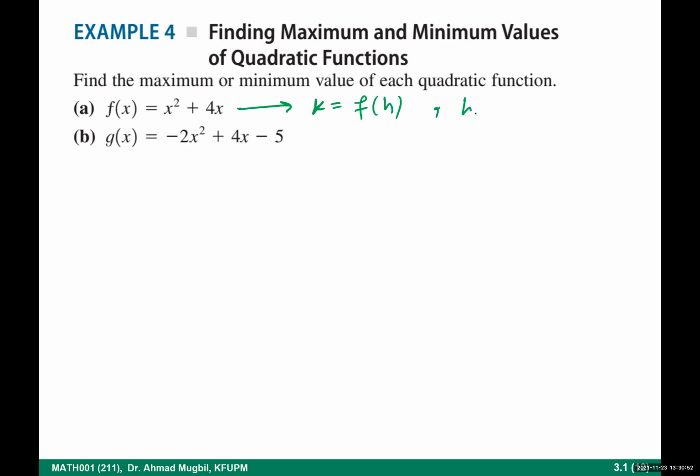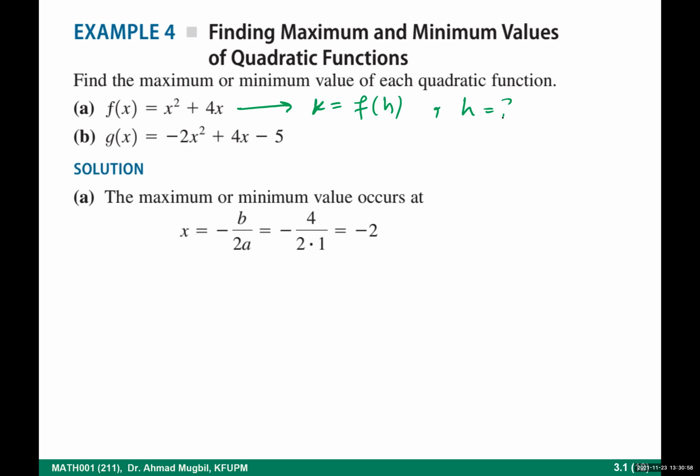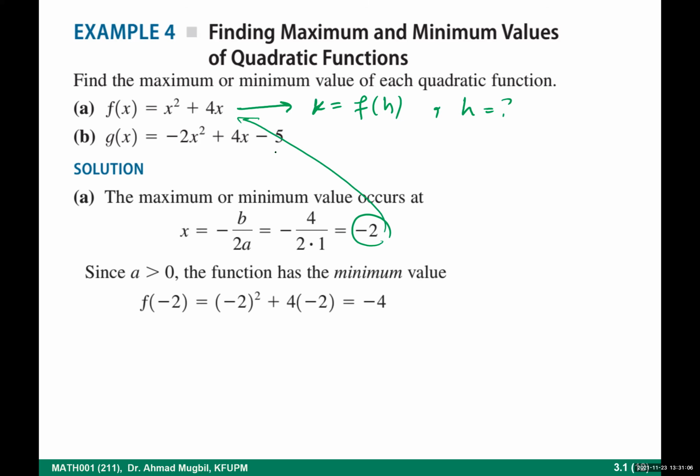The question is, what is h? H is negative b over 2a, so you need to find it first. Now go back and substitute by negative 2. Negative 4. So the minimum of this function is negative 4.